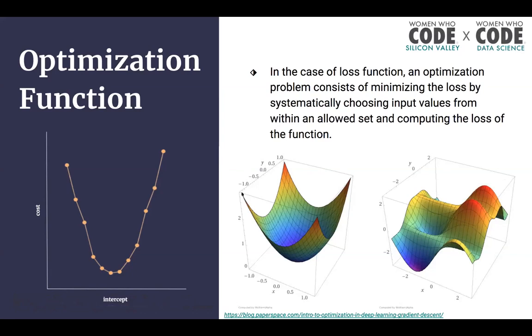The optimization function is basically, if I start rolling a ball from the top with the maximum cost, I want the ball to roll down to the minimum cost, and whatever value it reaches would be the best B naught value I can set for my gradient descent.